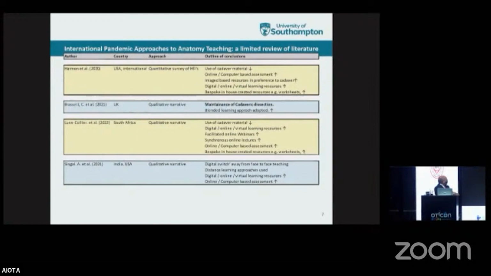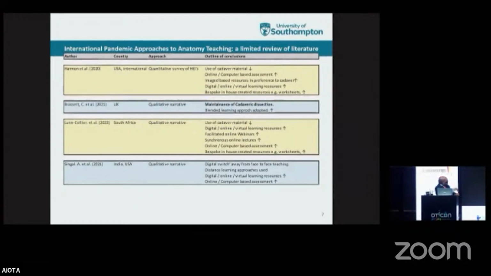That was happening in India, and you can see the same thing happened in South Africa, for example, and they also had digital online virtual learning resources increased. So, compared to the other countries, some of the factors are very, very common during the pandemic.